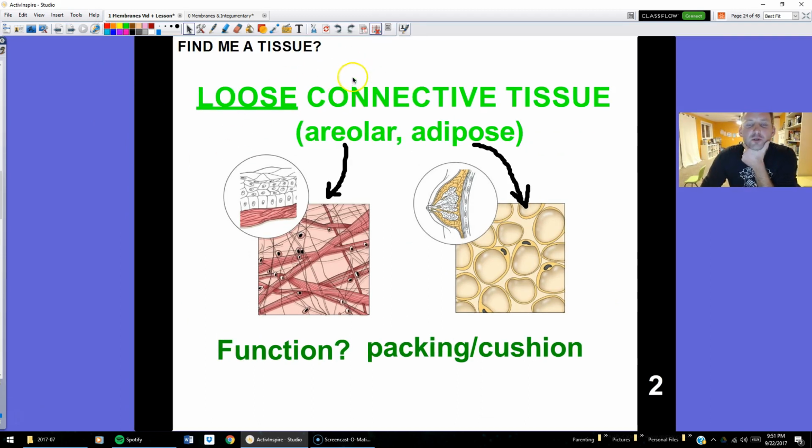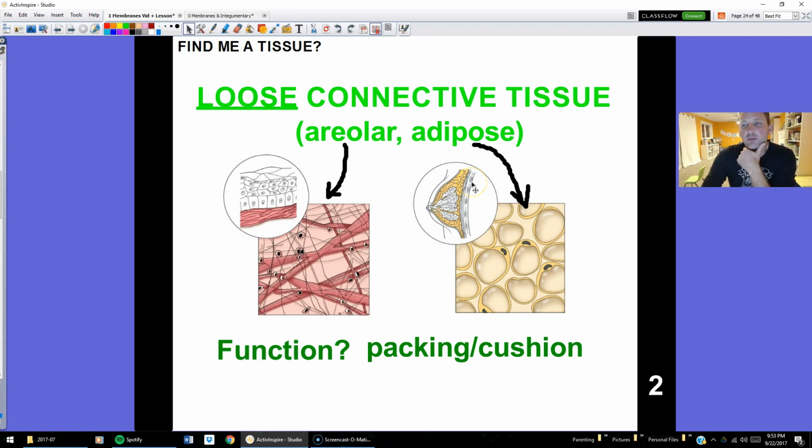Find me a tissue for the synovial membrane. The most common type of tissue is a connective tissue, specifically a loose connective tissue. So this is less dense than the bone and more dense than the blood. Again, that connective tissue type has a lot of different types to it. That includes loose connective tissue, dense connective tissue, bone, blood.